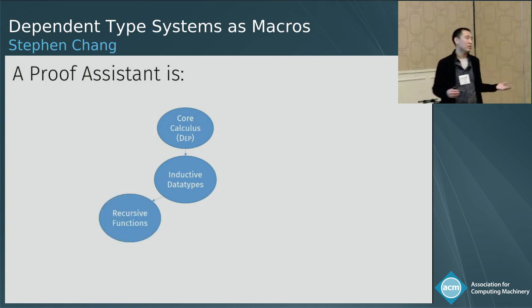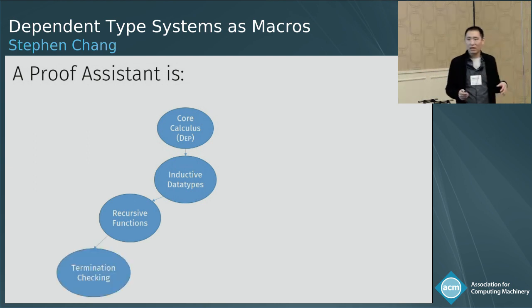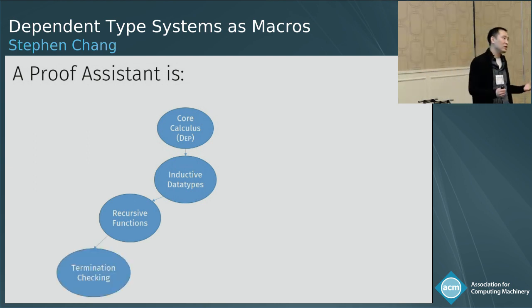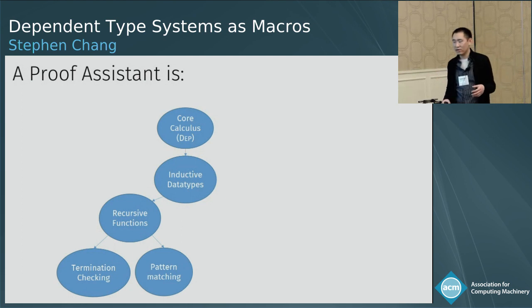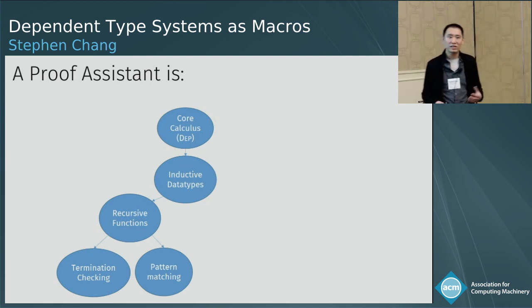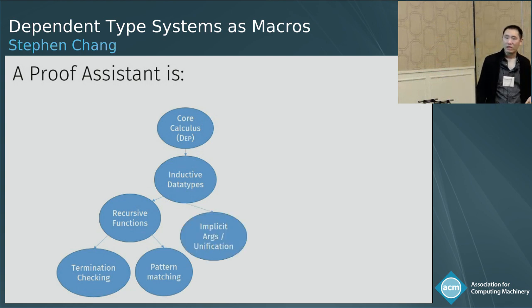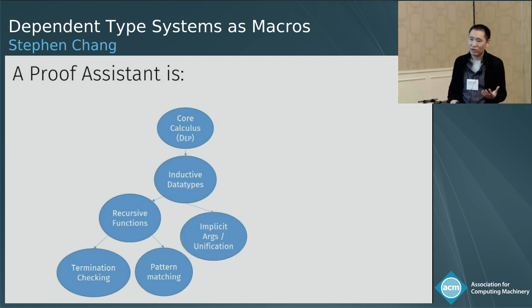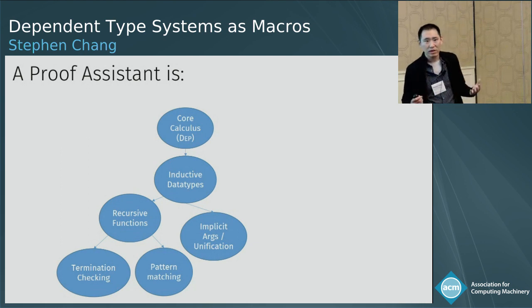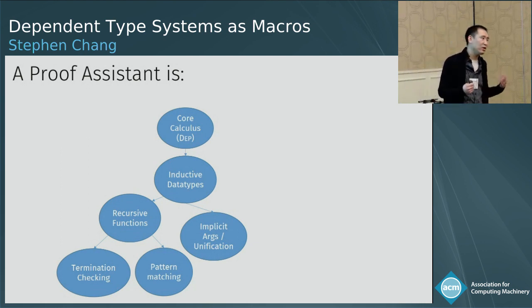You might want to let programmers write recursive functions. But then if you have recursive functions, you need a termination checker. Pattern matching is also a convenient feature that many programmers like. Also, implicit arguments are also a convenient feature, but if you have implicit arguments, you need a unification algorithm.